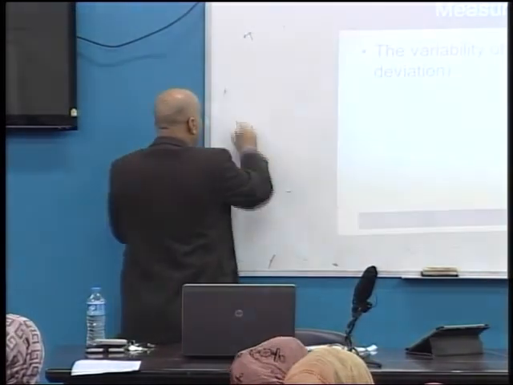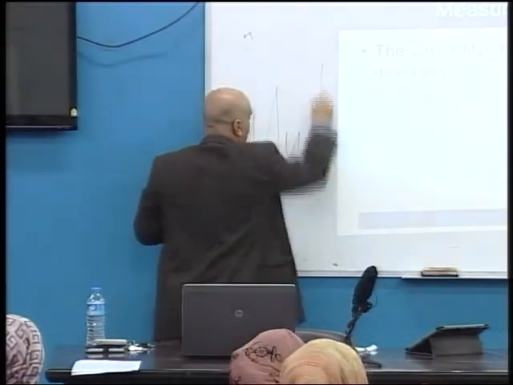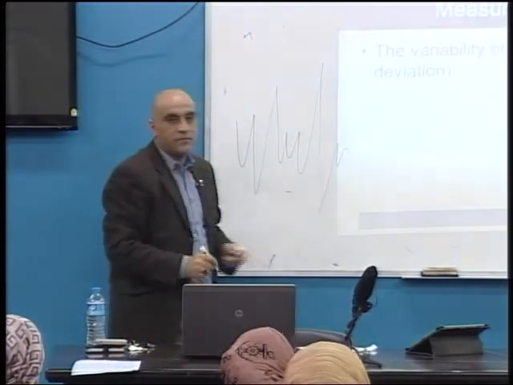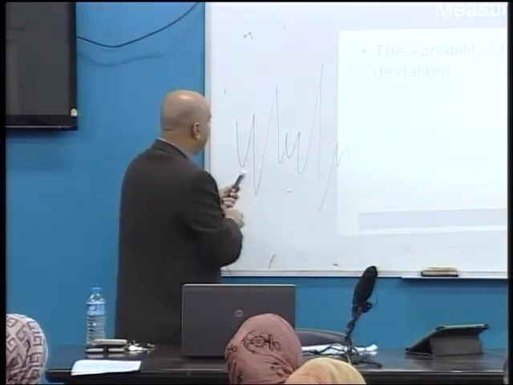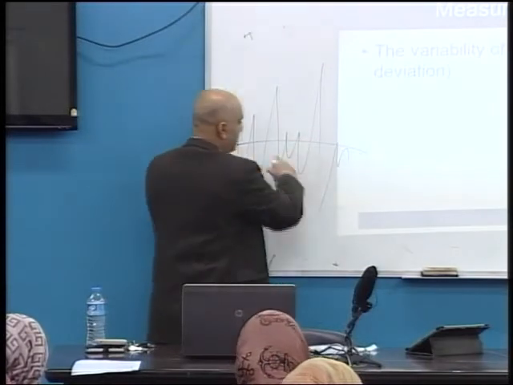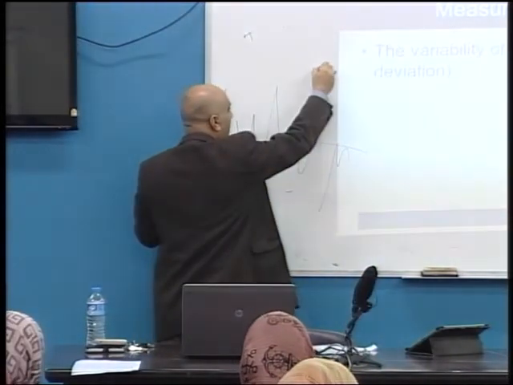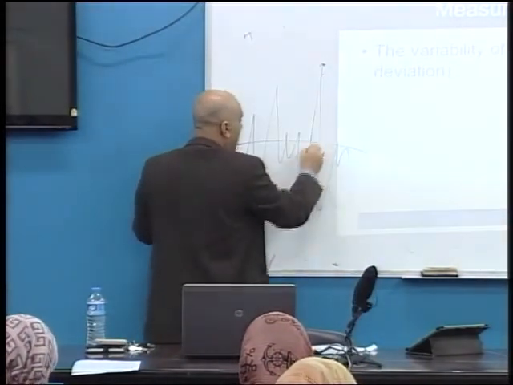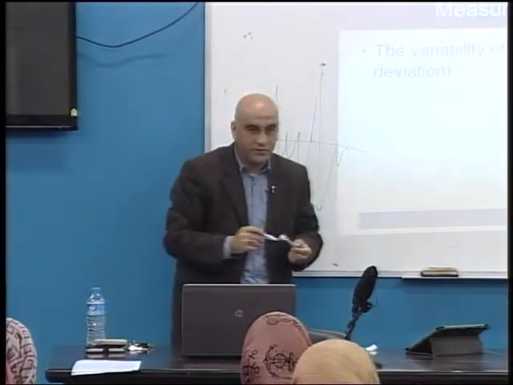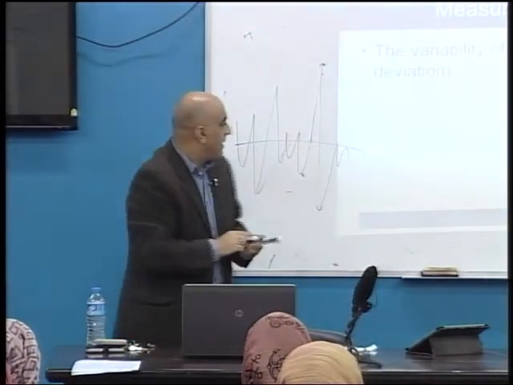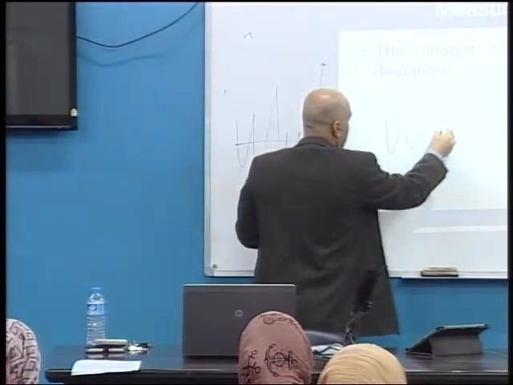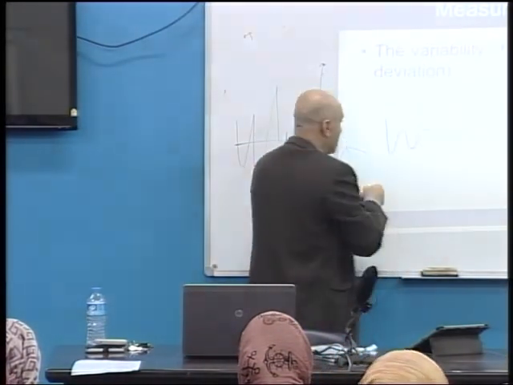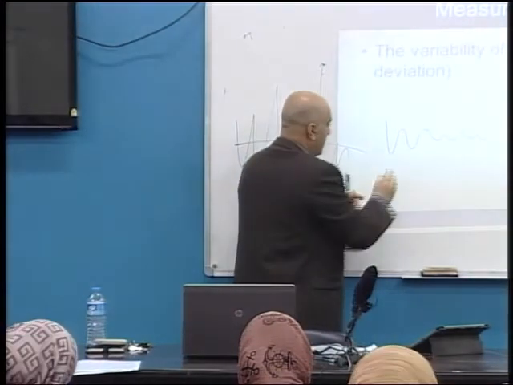The standard deviation is the fluctuation of the stock or the fluctuation of the security. We can take this as the average, and see how far the different points are from the average. If we compare this with another stock, this stock is less fluctuated.